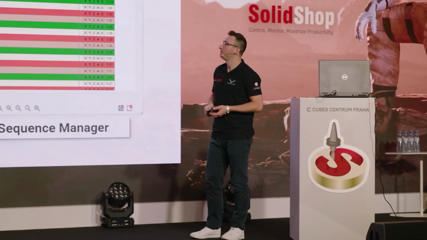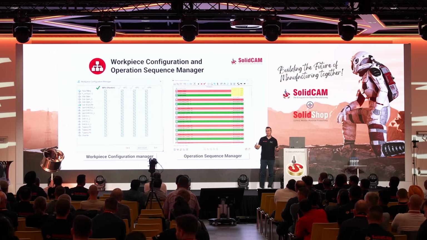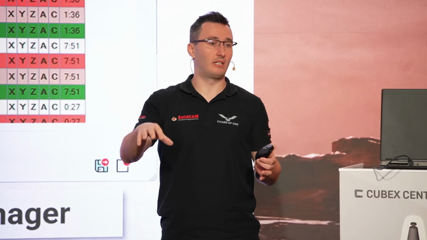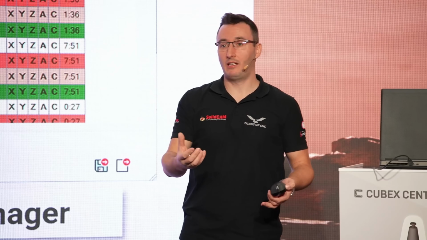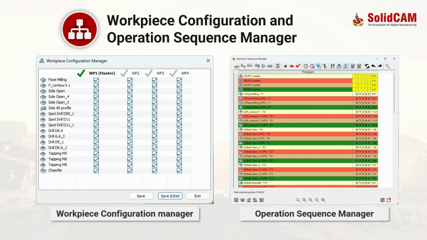This is useful when you can imagine a very tight table where not all the workpieces can be done with the same angle pair, for instance. So maybe workpiece number 3 needs to be done in the second angle pair. In that case, you can copy any job that you want and say, okay, for this job I want the second angle pair, so you will turn it off for other workpieces, for example. So this is why we have this manager.